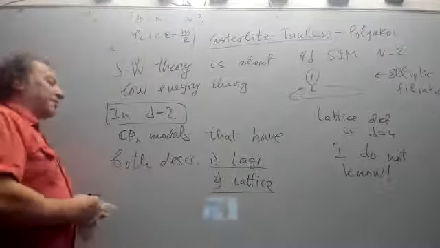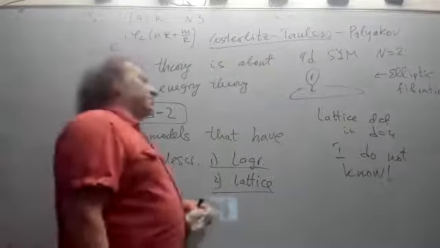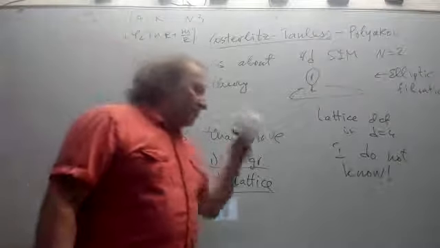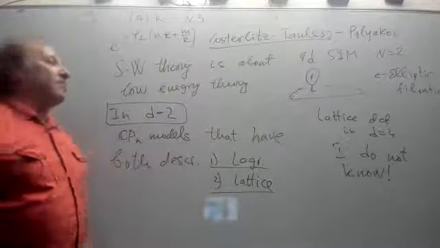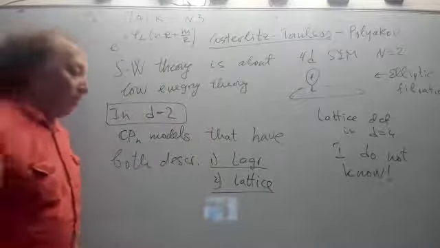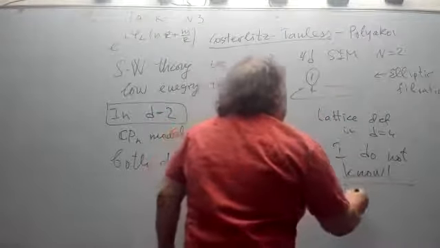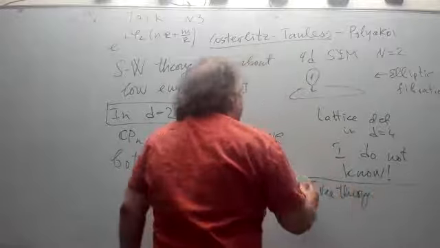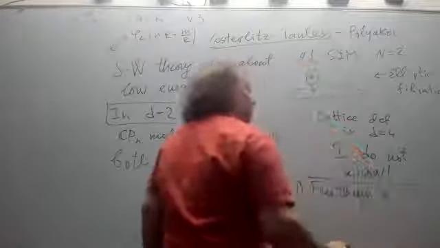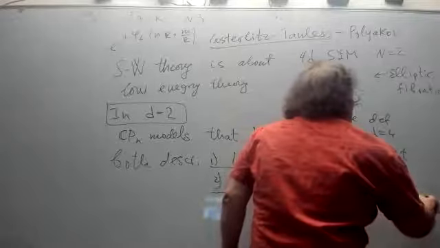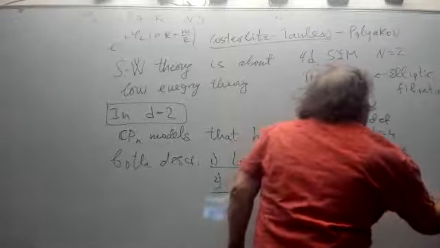So when you ask me what is a non-perturbative, four-dimensional, interacting theory, actually speaking, I don't know. What I know is free theory. What I also know is what I'm talking about, instantonic theory. How about 3 dimensions, over lattice?